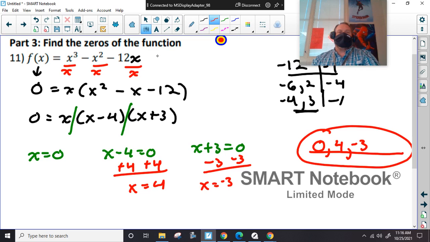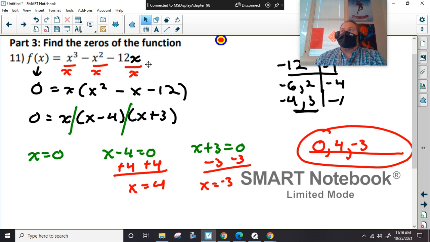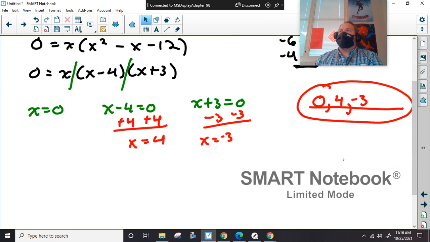Yeah, the final answer is these 3 numbers that are circled. I worked it out because some people didn't know why I got the opposite. I had to prove myself.